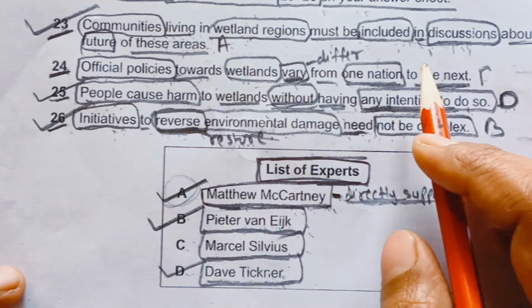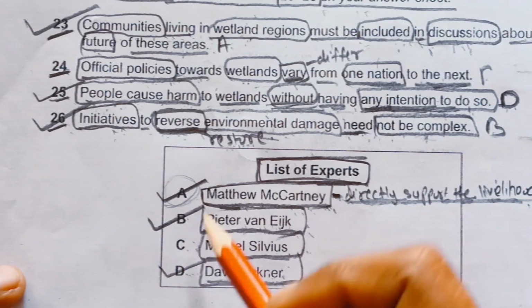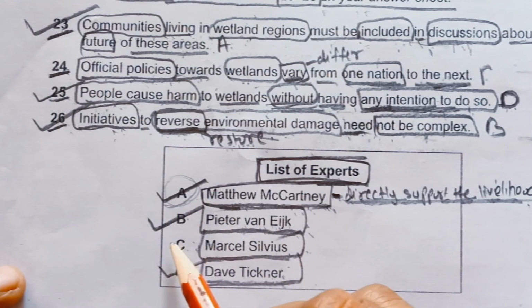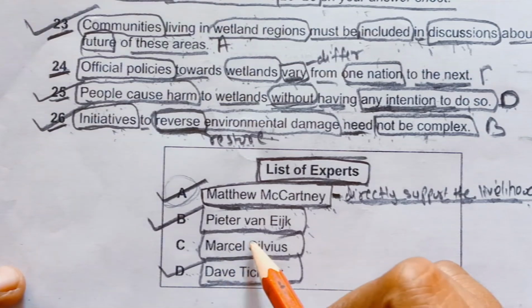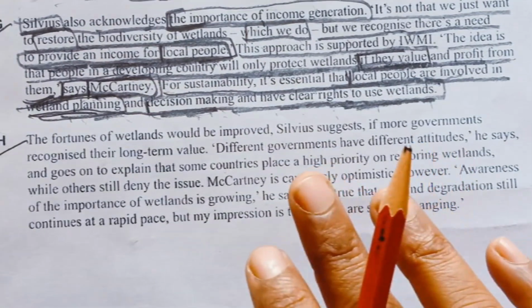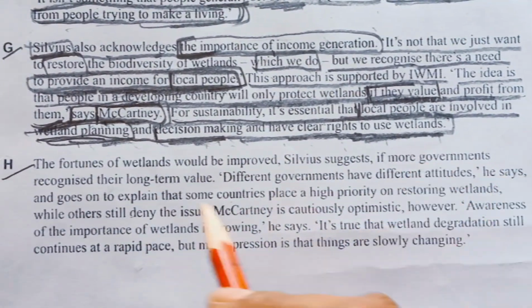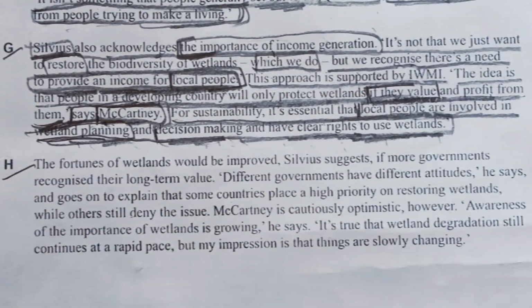Don't just write. We can assume that only C and 24 are remaining, so this will be our answer, but we will confirm it. Our last question and last paragraph are remaining, so now let's quickly read it.